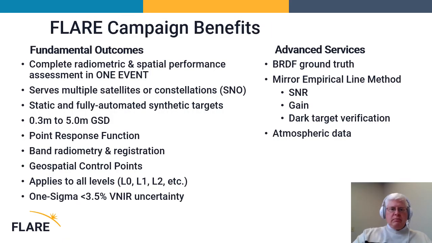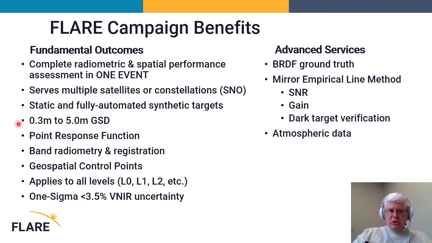So I'd like to sum up some of the benefits that we've talked about so far. There are fundamental outcomes from a FLAIR campaign that are delivered as part of the event. First, complete radiometric and spatial performance assessment. We can serve multiple satellites or constellations. We use both the static and fully automated synthetic targets in that effort.